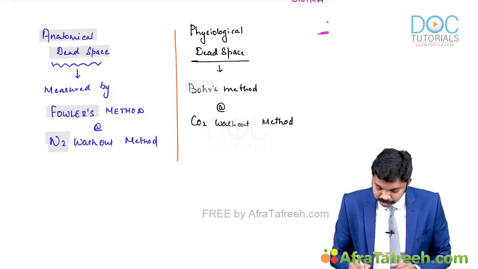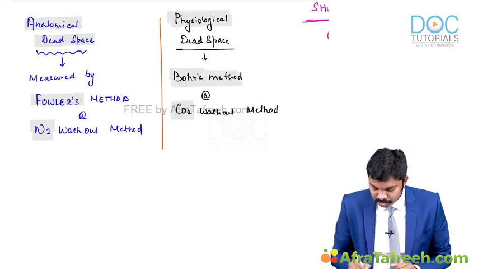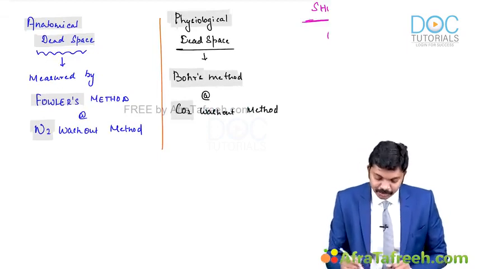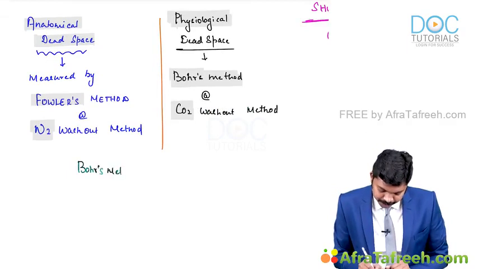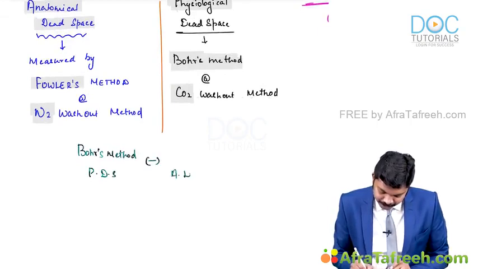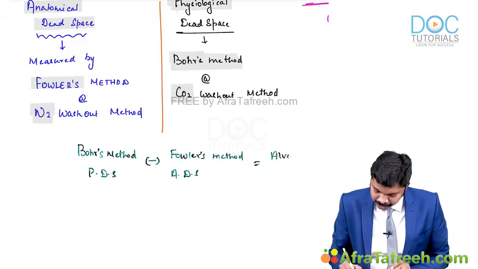This is Bohr's method of estimating physiological dead space using the gas carbon dioxide. If you estimate physiological dead space by Bohr's method, and you subtract from it the anatomical dead space measured by Fowler's method, we will be getting what is called alveolar dead space.